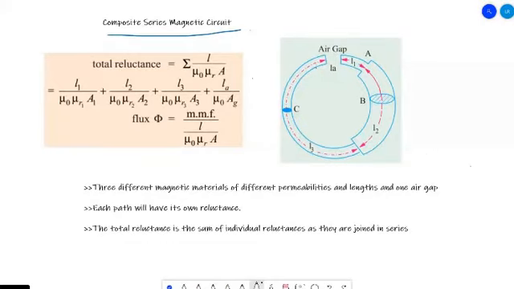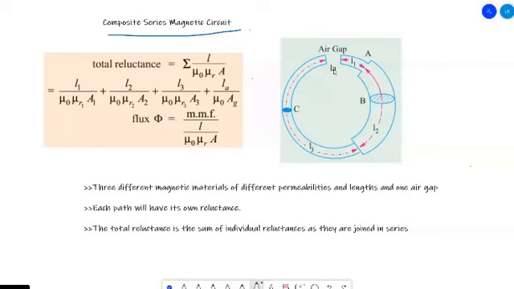In fact, in course of time, I will show you that when these lines of force or flux pass from one medium to the other, let's say from a region of higher relative permeability to a region of lower relative permeability, just like what we see here, there will be bulging at this point, and the lines of force will get concentrated on a larger area than it was originally. I'm going to show you that diagram shortly.